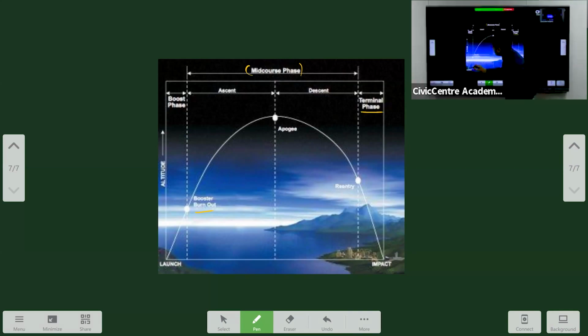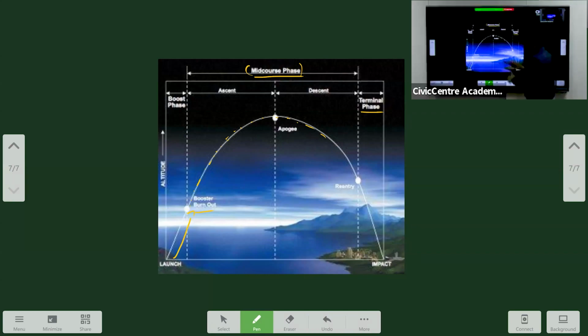In the first phase, the missile is going to get the power from the engine. But after this, the missile goes by itself till the highest point without any external power. But again it starts falling back, and this is all the mid-course phase. You can see that this is the phase which lasts for the longest time.